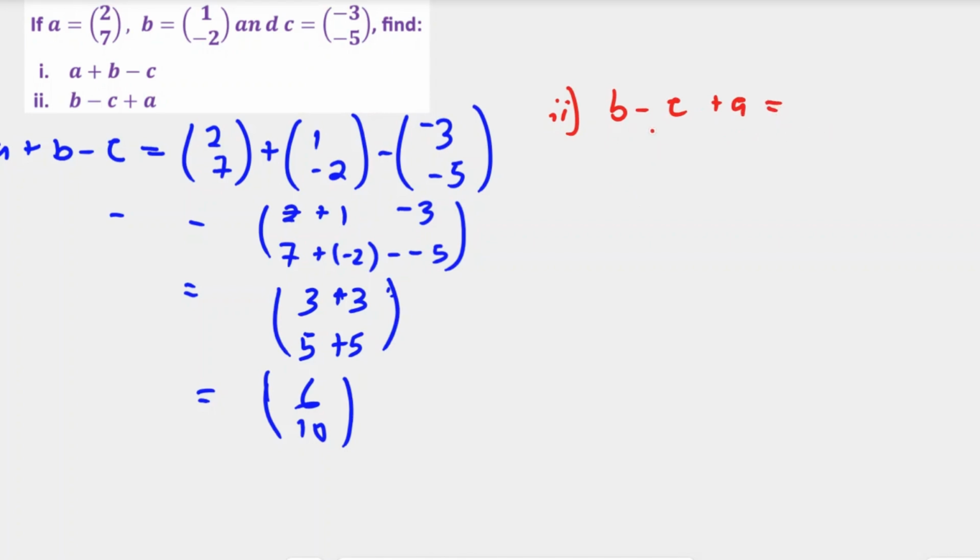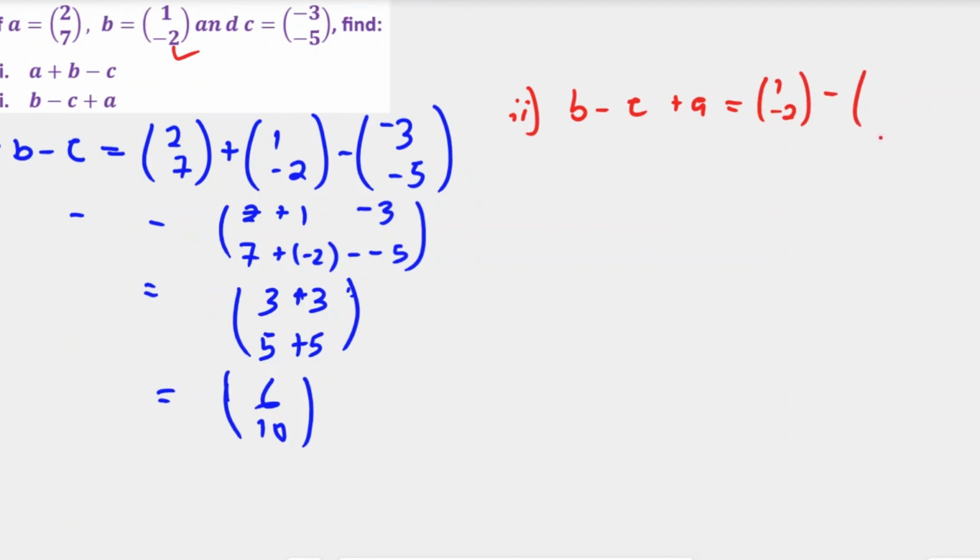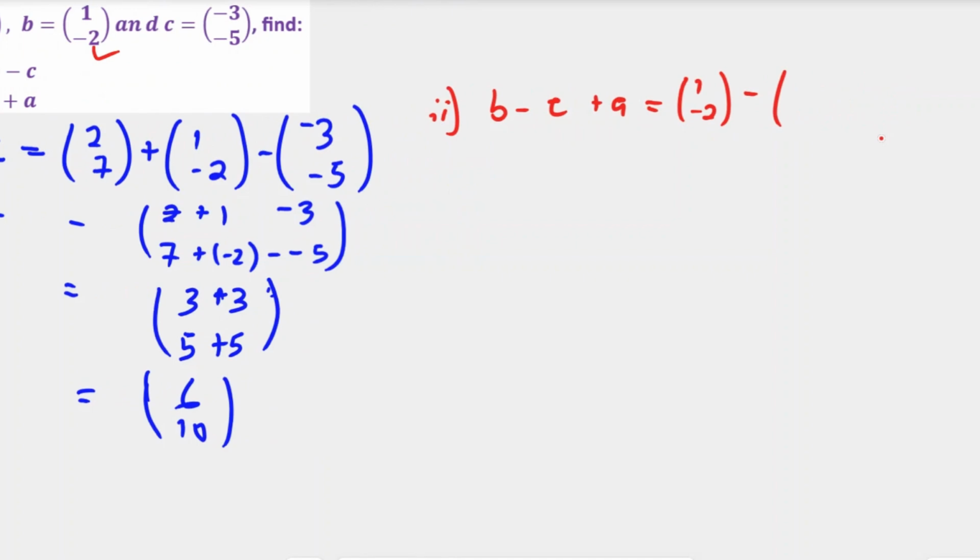The vector B has components 1, negative 2, minus the vector C. Let me shift it to this side. The vector C has components negative 3, negative 5. So plus the last one, the vector A, which has components 2, 7.